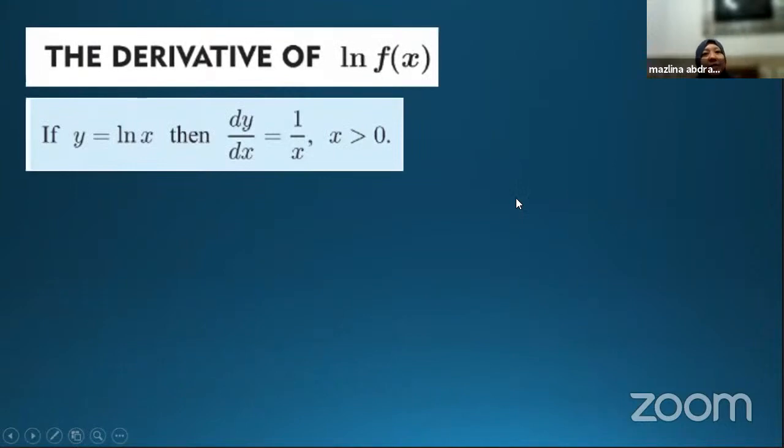Alright, now we want to see the derivative of ln of a function. Okay, so if y is equals to ln x, dy/dx becomes 1 over x. Actually kelas kita ada je, kita punya investigation in our textbooks.